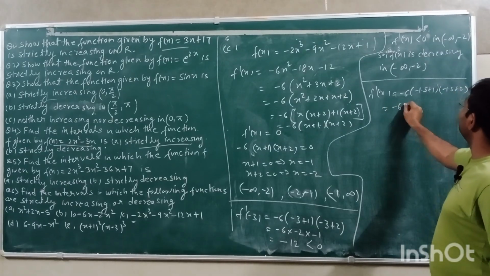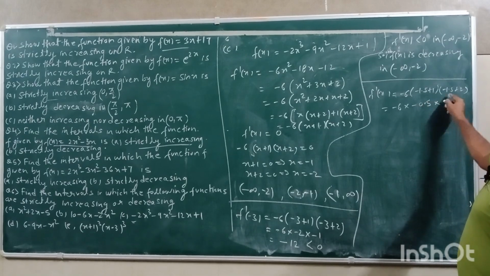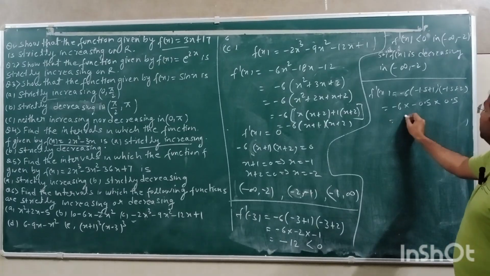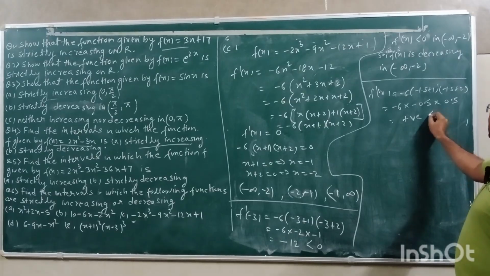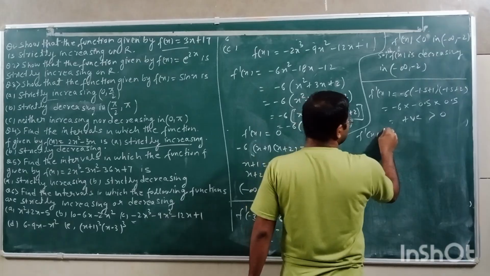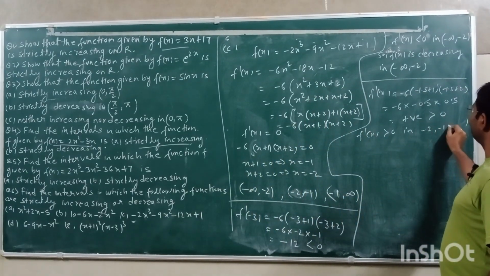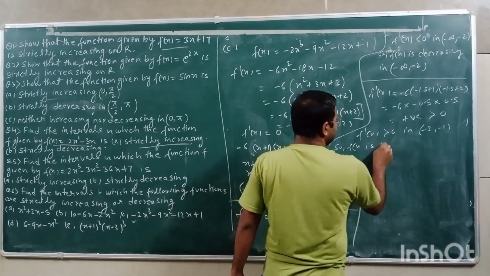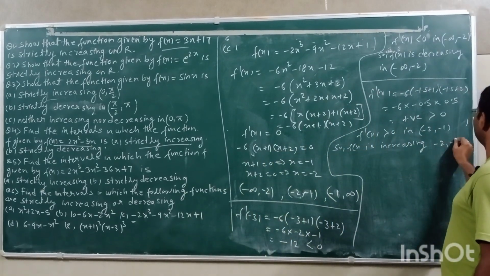Then minus 6 into minus 0.5, and here 0.5 will come. So minus, minus, plus, a positive value is there. You will get a positive value greater than 0, then you will write f dash x is greater than 0 in the interval minus 2 to minus 1. So f(x) is increasing in this interval, minus 2 to minus 1.